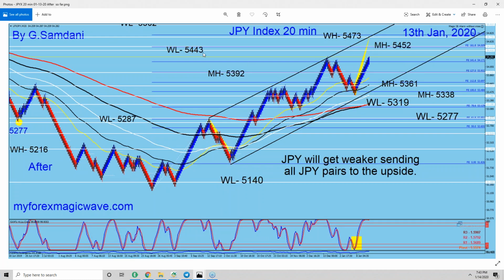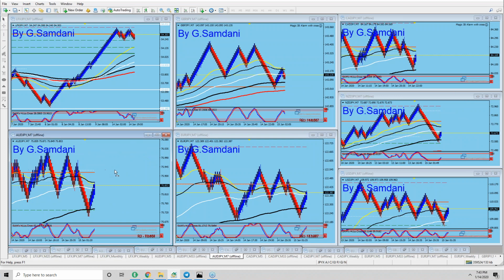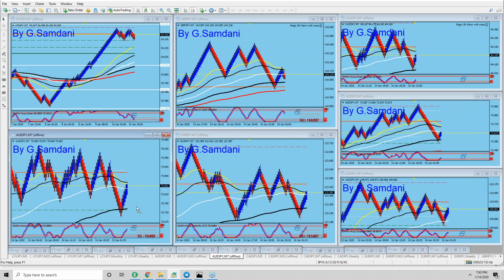We are very close to 54.43, and might continue to the upside. I'm watching all of these yen pairs. They are already bouncing, so I'm gonna go and try to make some entries. On these yen pairs, I had a couple of nice yen trades already, and maybe more to come tonight, right?